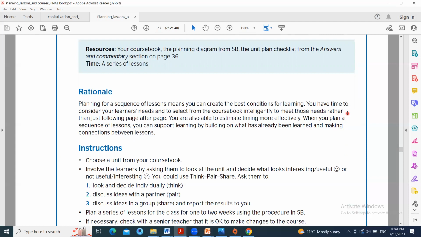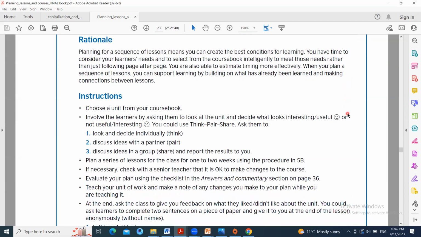You are also able to estimate timing more effectively. When you plan a sequence of lessons, you can support learning by building on what has already been learned and making connections between lessons.